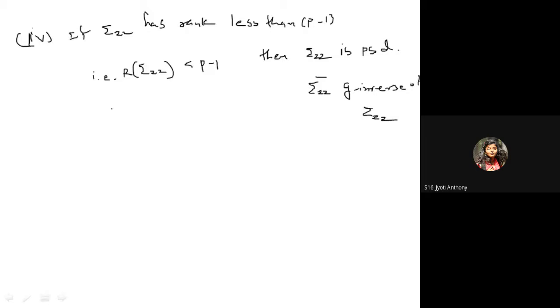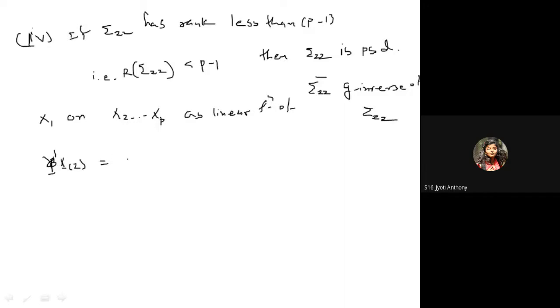If you wish to find the multiple correlation coefficient, when you regress x1 on x2, x3 up to xp, that regression is a linear function of gamma dash x2, where gamma dash is a vector of beta j, or let us say beta dash x2.